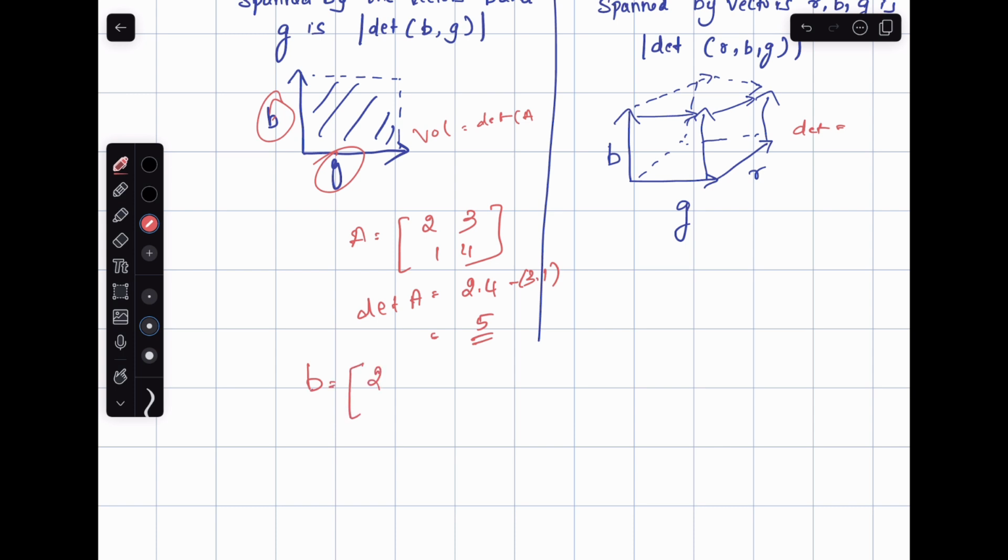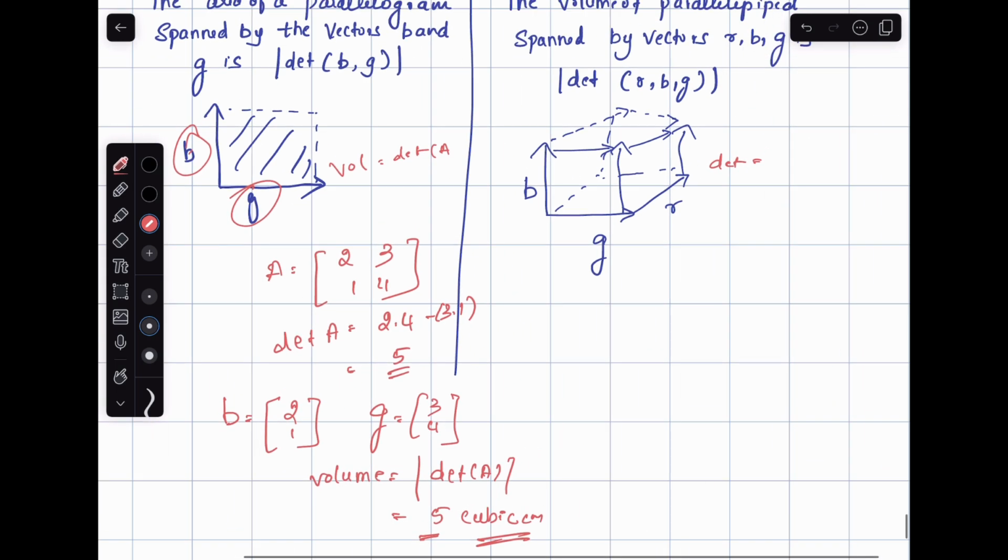The vectors are 2 1 and 3 4. So the volume is equal to 5 square centimeter, or cubic centimeter. The volume is equal to the determinant of A, which is nothing but 5. You write down whatever the notation is.